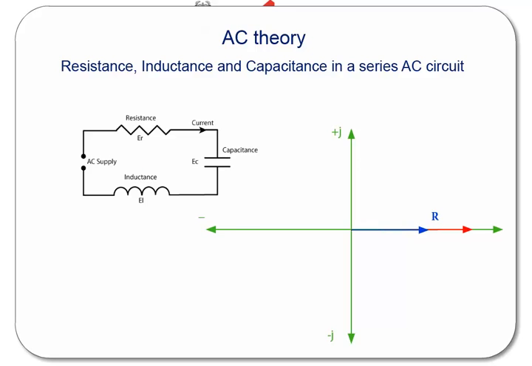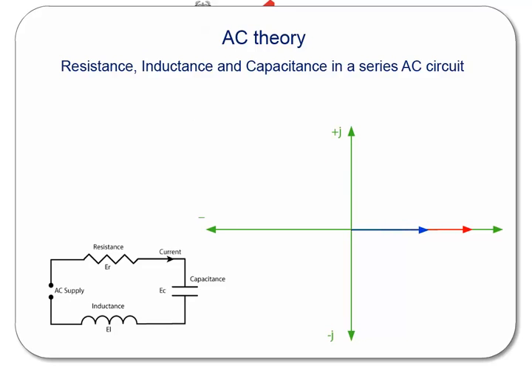This is a series circuit consisting of a resistor, capacitor, and inductor. The XC is negative on the imaginary number line, and the XL is positive. Working out the impedance, you subtract the smaller magnitude from the larger, and the circuit can be considered to be predominantly either inductive or capacitive.